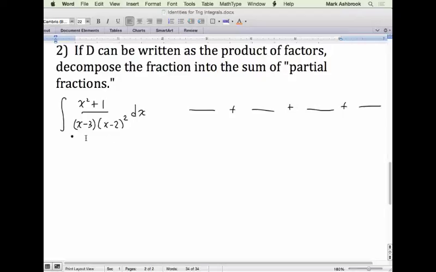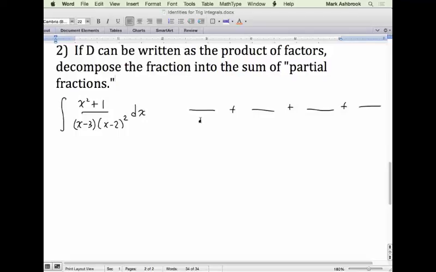Yeah, then that's a long, ugly polynomial that won't help. I mean, there's a slight chance that it would be perfect for undoing the chain rule if that was a derivative of that, but very, very unlikely. The fact that this is factored like this is just saying partial fractions. That's what you're going to do on this one.